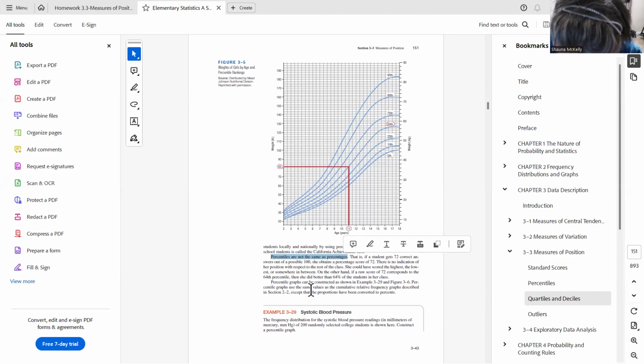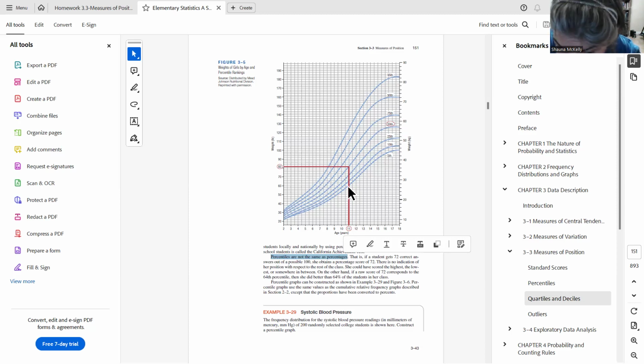She could have scored the highest, the lowest, or somewhere in between. On the other hand, if a raw score of 72 corresponds to the 64th percentile, then she did better than 64% of the students in her class. I hope that clarifies for you a little bit about it.